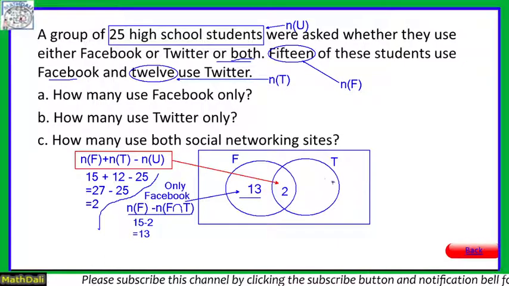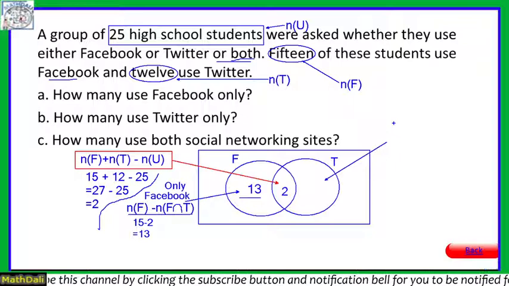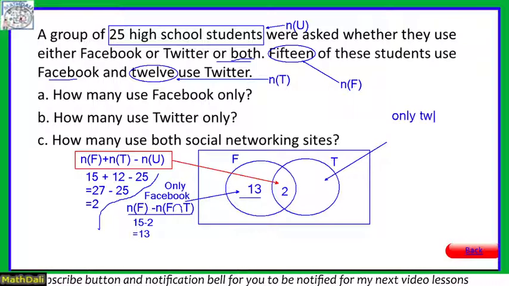Now, dito naman sa Twitter only. Okay, so only Twitter. Student who only use.